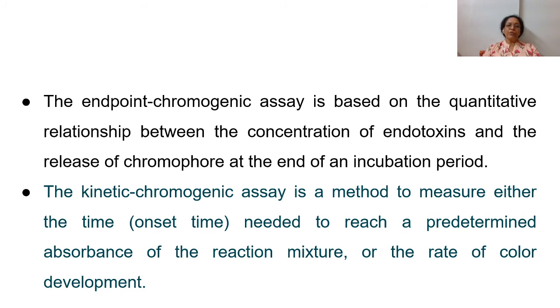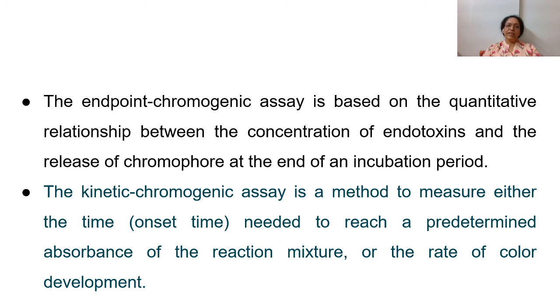The endpoint chromogenic assay is based on the quantitative relationship between the concentration of endotoxin and the release of a chromophore at the end of the incubation period. Again, here a standard graph must be prepared. Known quantities of endotoxins are mixed with the LAL reagent and the graph is prepared.